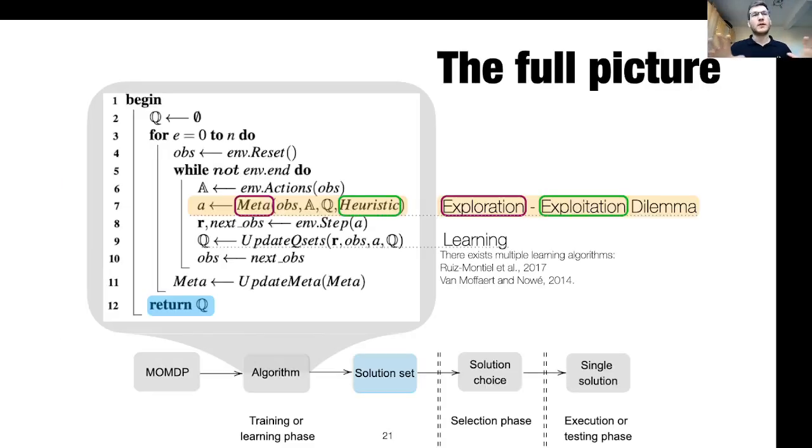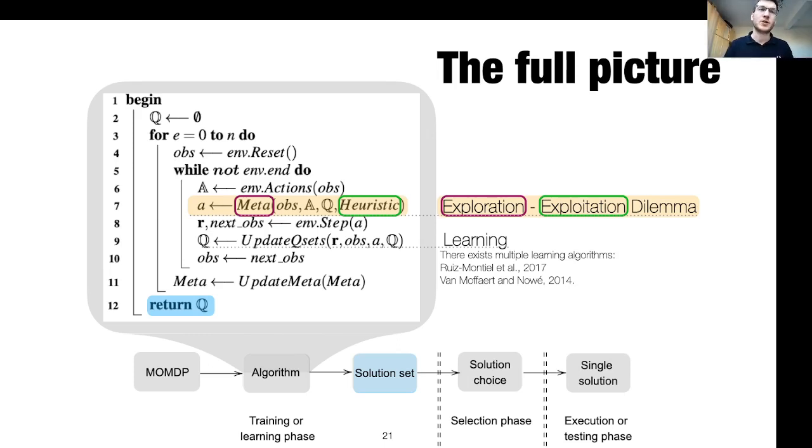But first, let's take a step back and see the full picture, the full learning algorithm, so that everything is clear. Our agent is training for n episodes. Remember, it's offline learning. We restart the environment, and while we do not find the terminal state, we choose an action, and the action is chosen according to the exploration-exploitation dilemma.